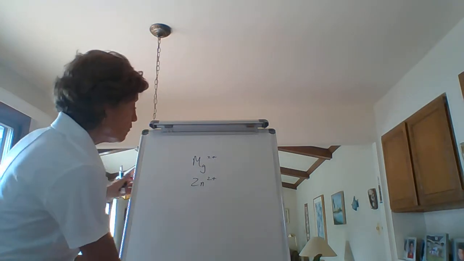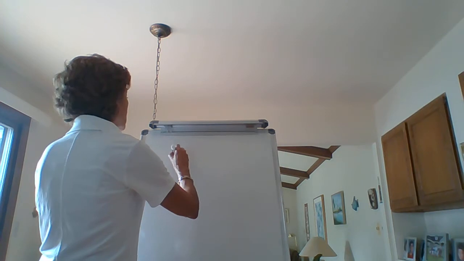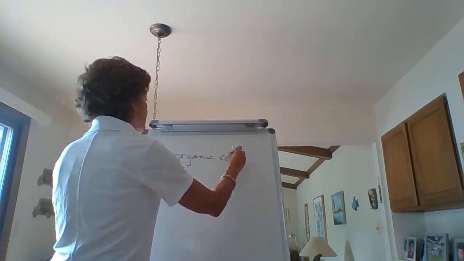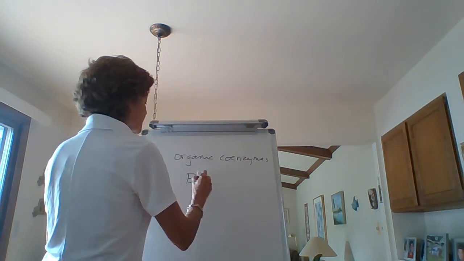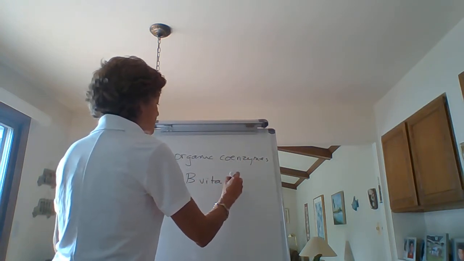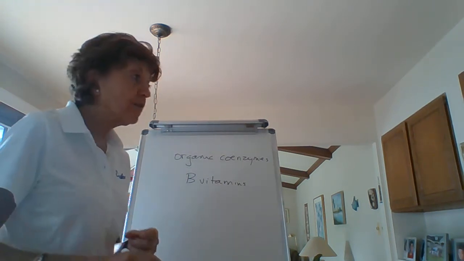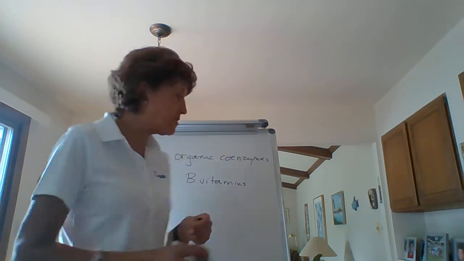The organic cofactors are sometimes called coenzymes. We call them organic coenzymes, and they are usually derived from the B vitamins. If you've had a nutrition class, you know that there are water-soluble vitamins and fat-soluble vitamins.